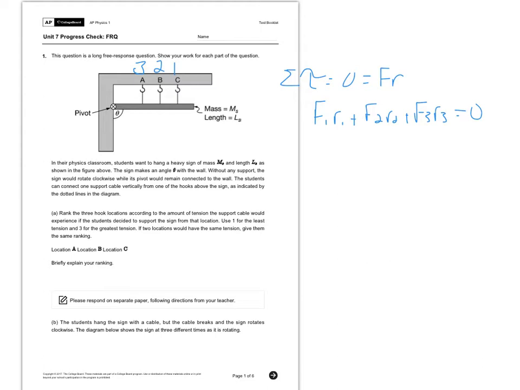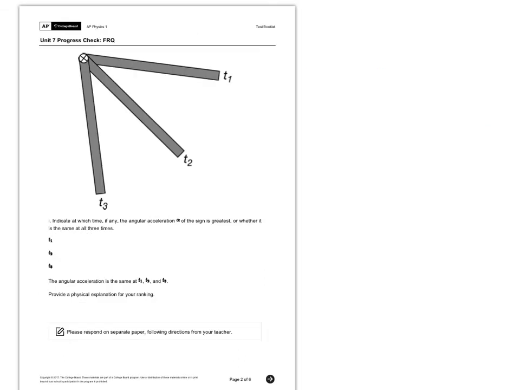Now for part B, they hang the sign with a cable, but the cable breaks and the sign rotates clockwise. Here's our diagram showing what happens. So it wants to know at which time, if any, the angular acceleration is greatest and whether it is the same at all 3 times.